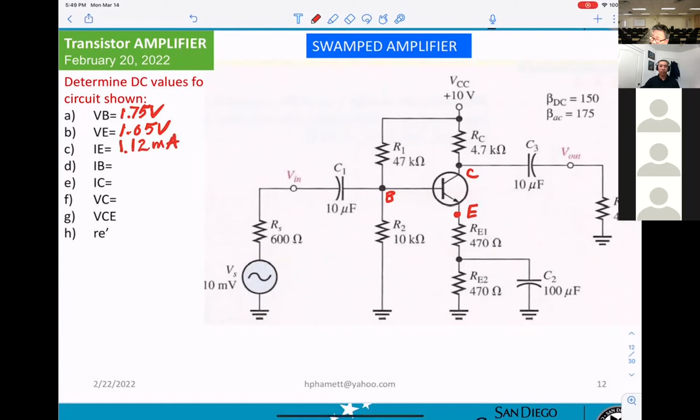After you get IE, then you can get IB. Easy one. And you can get the IC. IB would be microamp. Oh, that's microamp. Thank you, Sam.